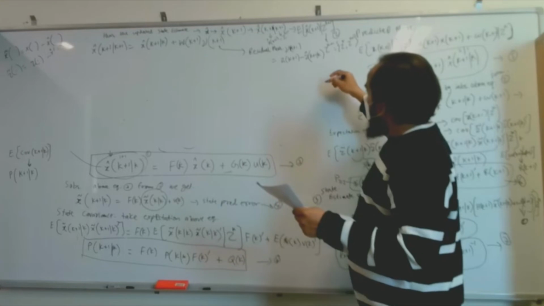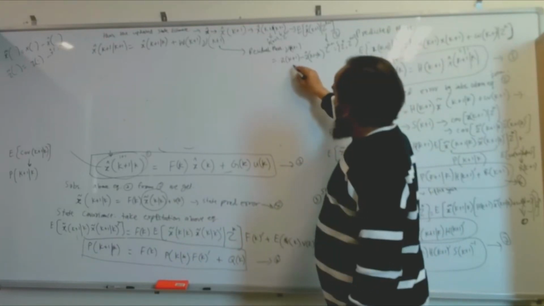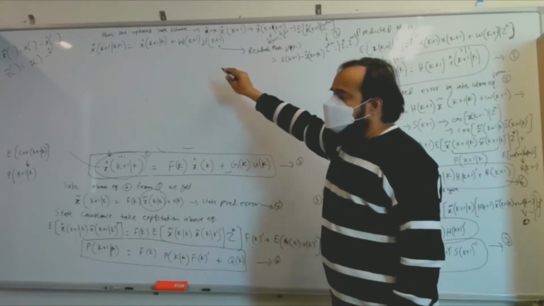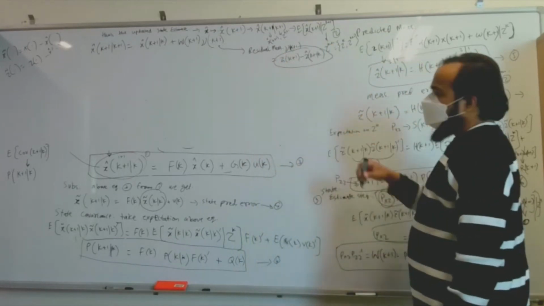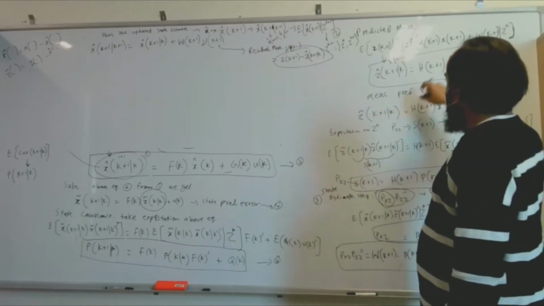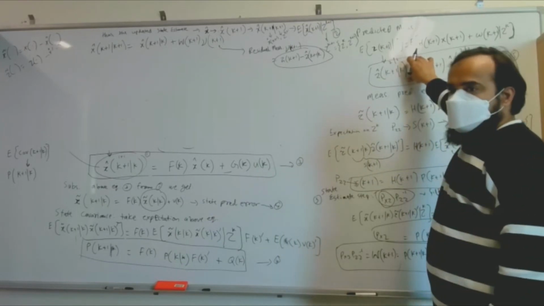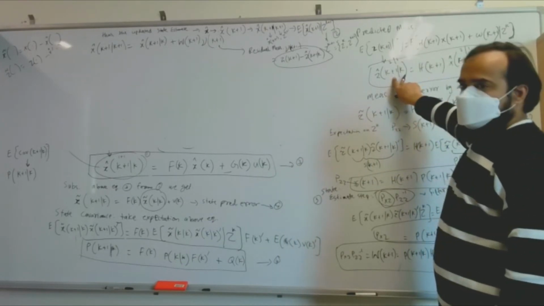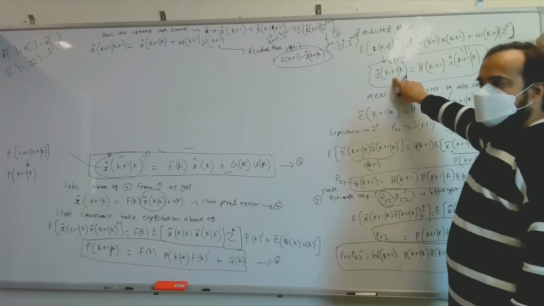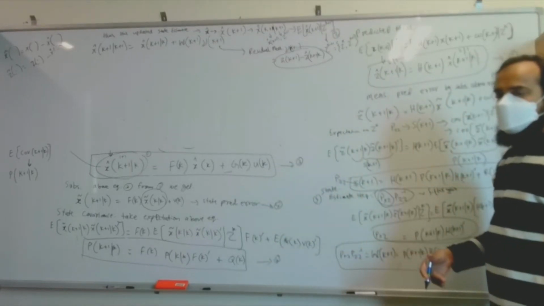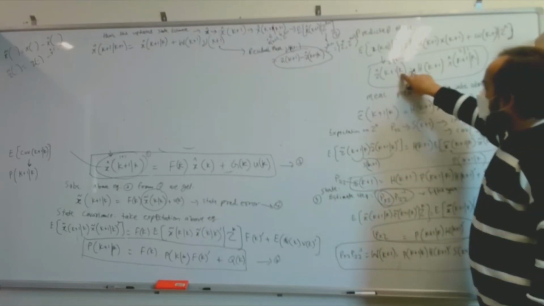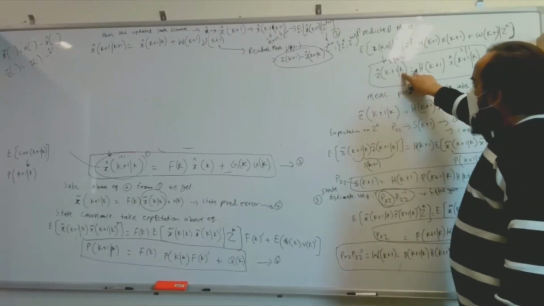So we have to multiply the filter gain to the residue, to the difference of the predicted measurement. We have the predicted measurement for k plus 1, conditioned on zk. Now what is the difference?